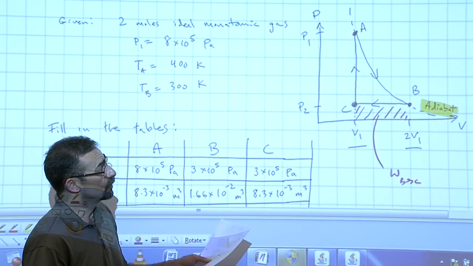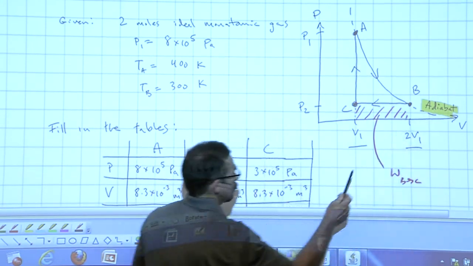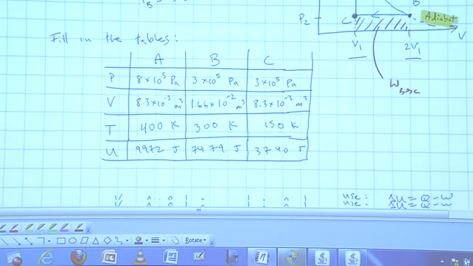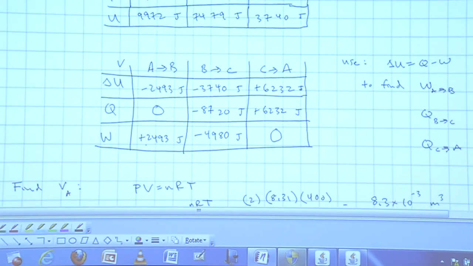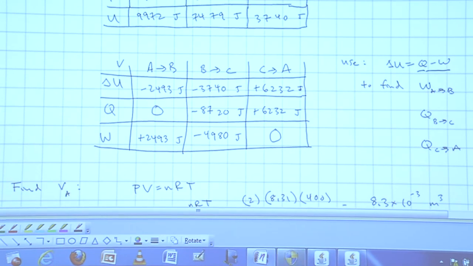It depends on what Q is. In this case, Q was 0. So this makes perfect sense. Q is 0, if work is positive, then we've got a 0 minus a positive number, so we get a negative delta U. So that makes sense. Those numbers, I think, look good.